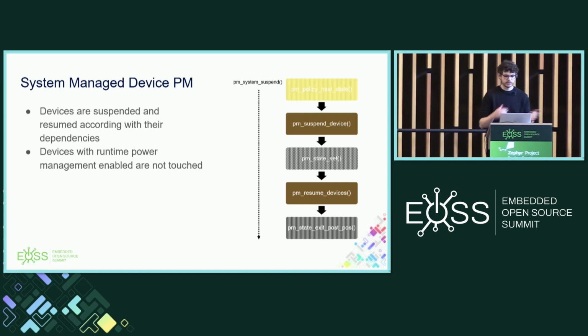Then after the SOC wakes, the devices are resumed in the reverse order that they were suspended. In a multi-core system, devices are suspended only when the last CPU is going to sleep, and as soon as the first CPU wakes, devices are resumed.